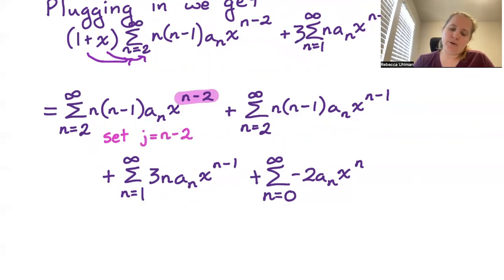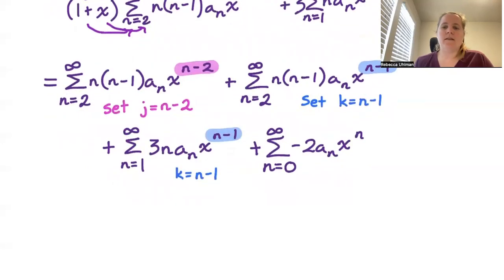Then the middle two terms, we have an exponent of n minus 1. So we're going to re-index by setting, let's do k in this case, equal to n minus 1. And then the last one doesn't need re-indexing.